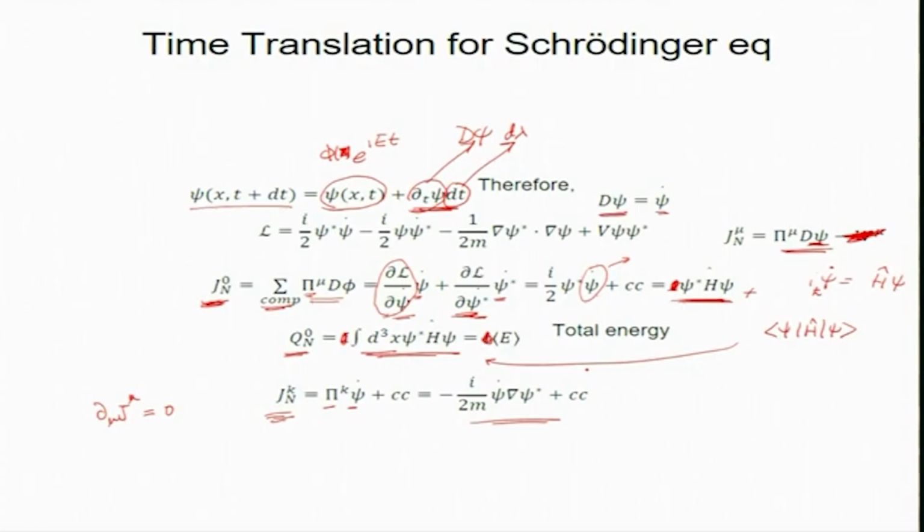Of course, there is one constraint: if I apply some magnetic field in the Hamiltonian, then delta L will not be unchanged. So, not every time is your time translation symmetry applicable.